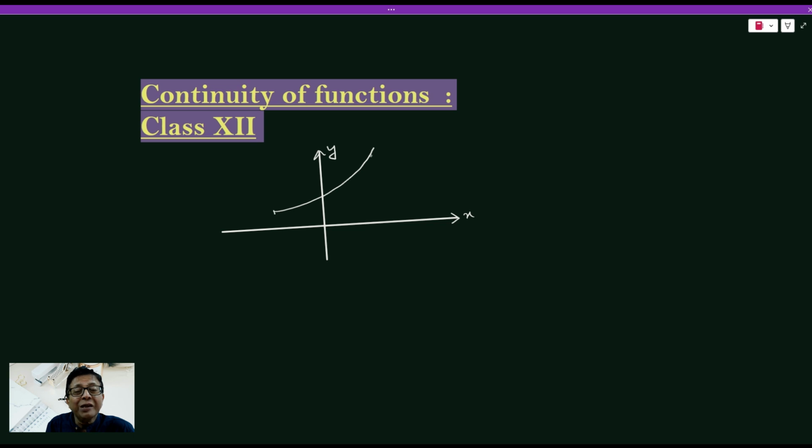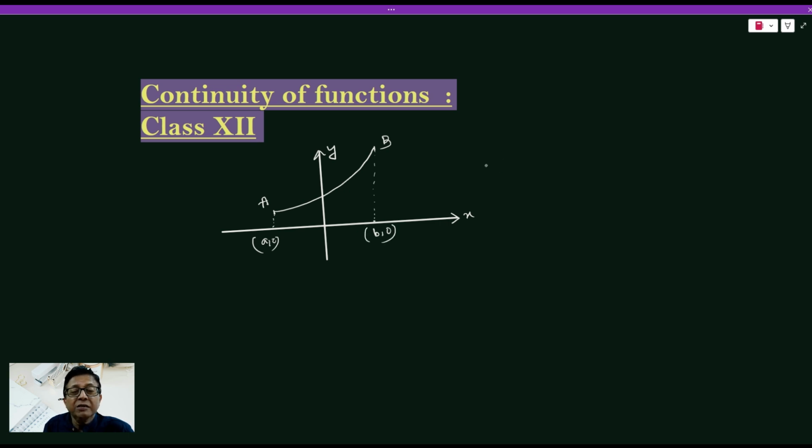Between these 2 points, A and B, the graph of function is continuous, and we will see that the function is continuous from A to B, where the x coordinate of the point A is A and B is B.